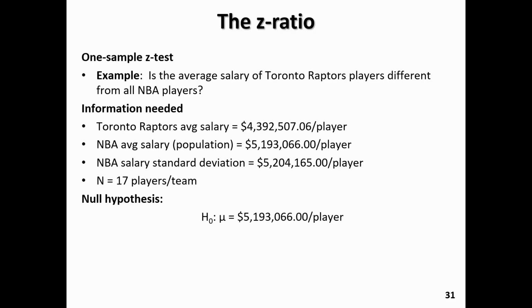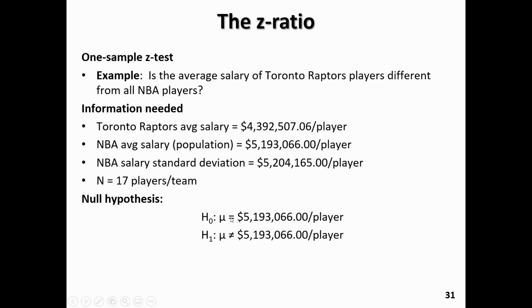In stating the null hypothesis, we start with the null hypothesis that the average salary of the Toronto Raptors players, symbolized by mu, is equal to the league salary average of almost $5.2 million.